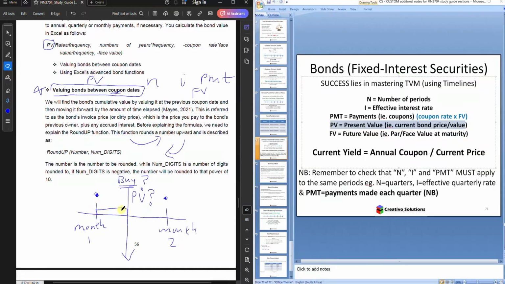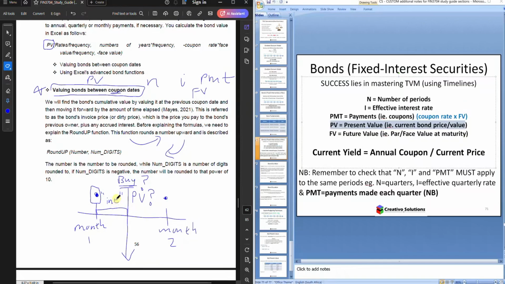No, okay, almost. If you bought the bond here, in month one or before month one started, then if you're the owner of the bond, you'd be entitled to the coupon, the interest. Does it make sense? Yes. So depending on what time you bought the bond, you are going to be entitled to a little bit of the interest or the coupon payment.